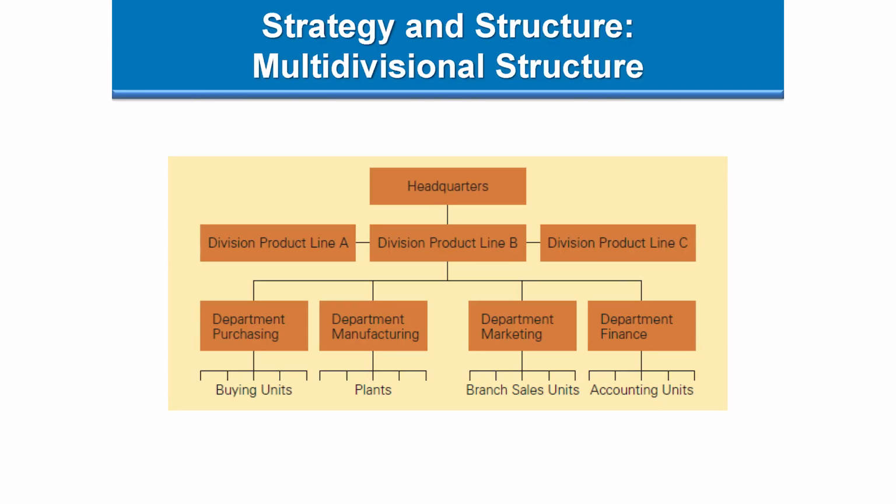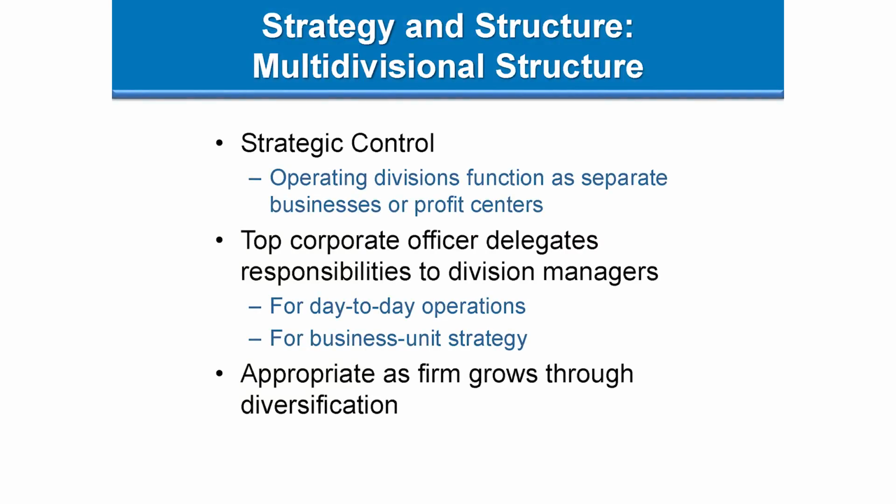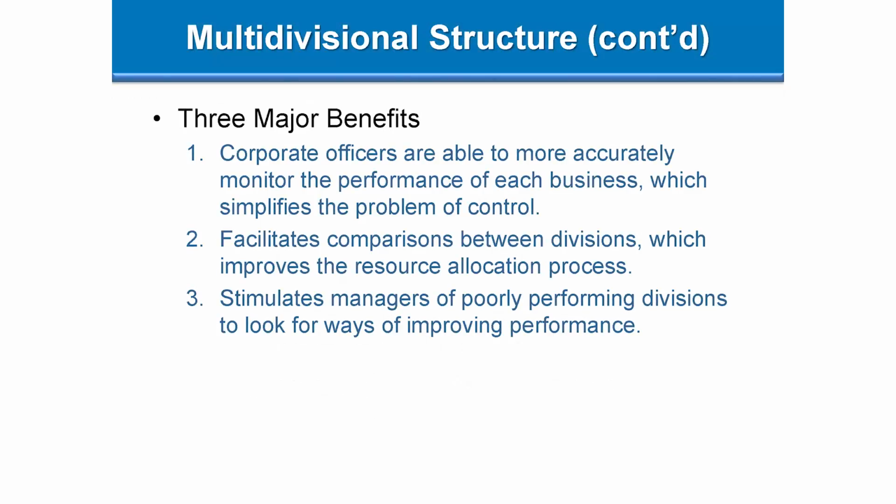The more complex multi-divisional structure is composed of headquarters and sub-operating divisions, such as different product divisions or different regional divisions, and their functional units in each division. Firms in a multi-divisional structure pursue more diversification strategies, and their officers need to more accurately monitor each business unit, more effectively allocate resources, and also stimulate managers for better performance.